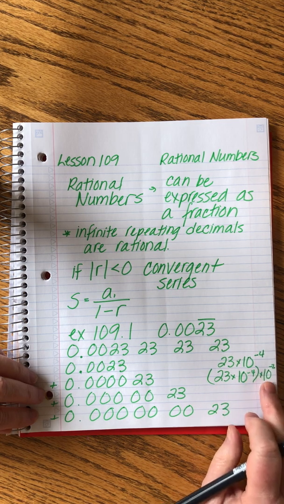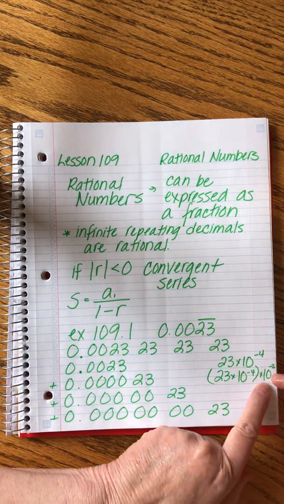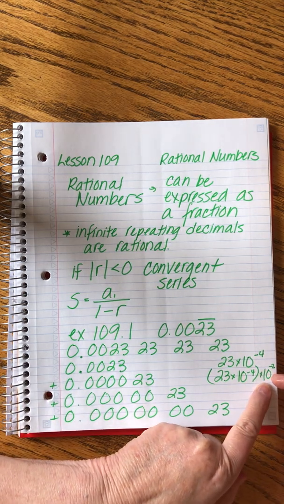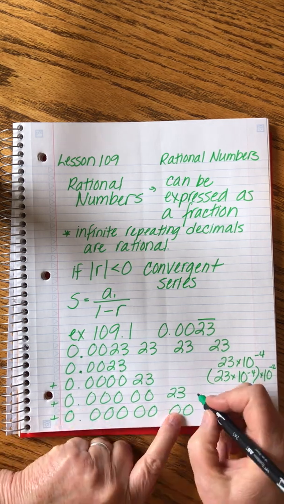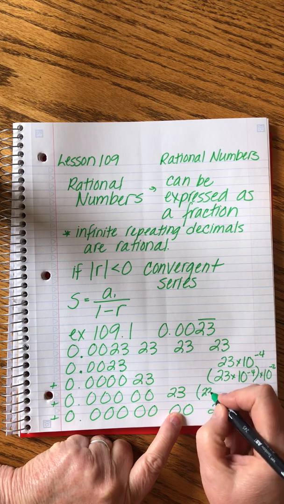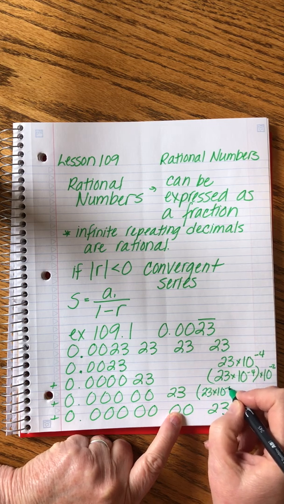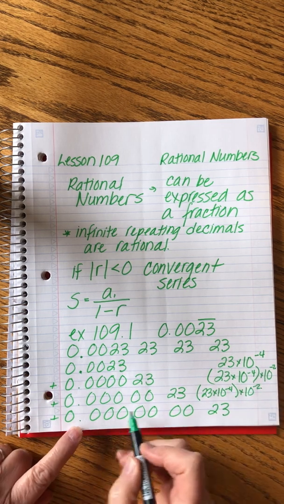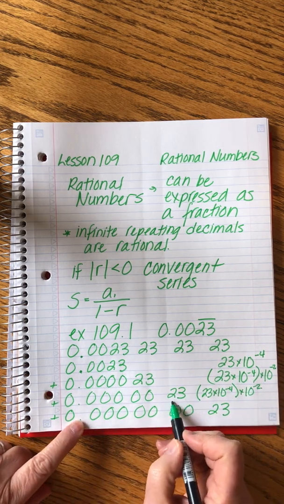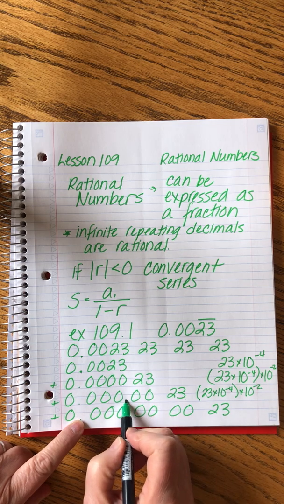My common ratio, which I've developed right here, is less than 1, right? I know that 10 to the minus 2 is a number less than 1. Let's just look at this one. This would be our original number, 23 times 10 to the minus 4, times 10 to the minus 2, right? So there's 1, 2, 3, 4. There's my original number.